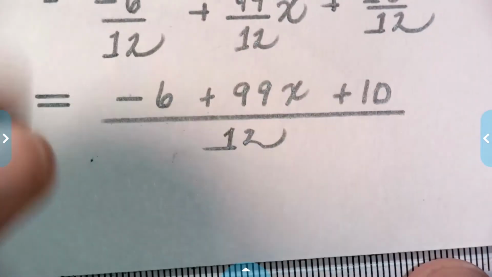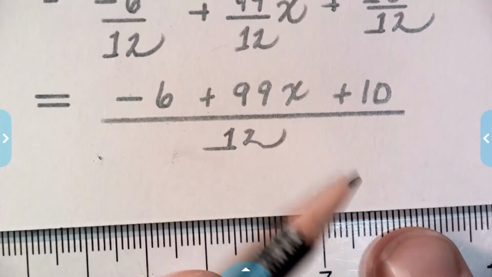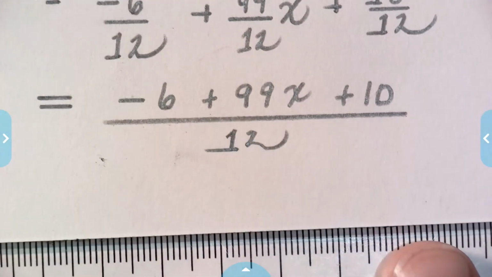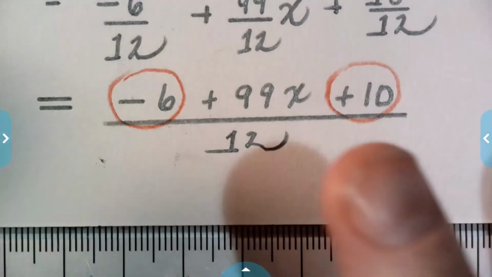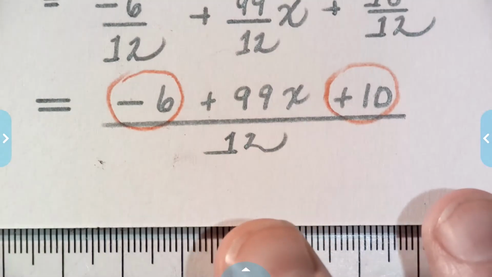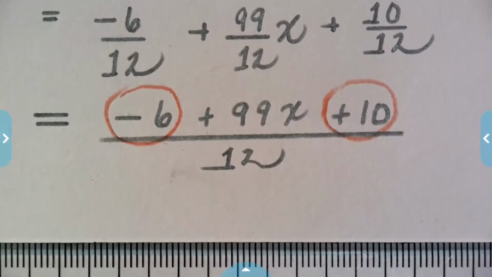Okay? And I'm going to break this up again. So now, the negative 6 and the 10, those are common with one another. So we just do 10 minus 6 gives us 4.